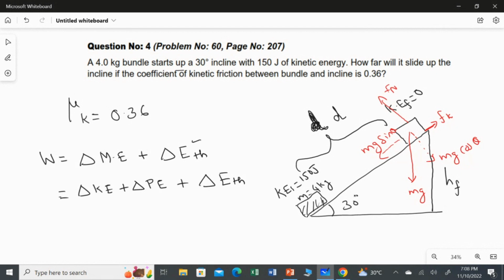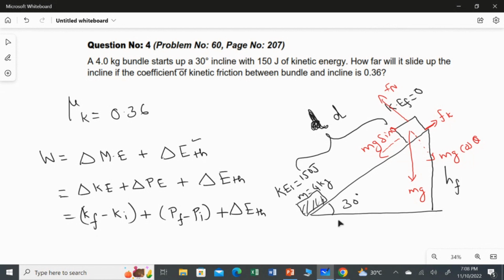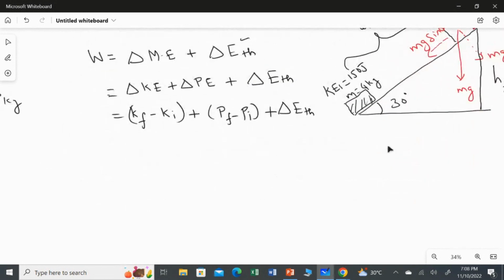When you expand this equation, it becomes kinetic energy final minus kinetic energy initial plus potential energy final minus potential energy initial plus thermal energy. Clear? Now I'm going to separate the positive and negative terms.